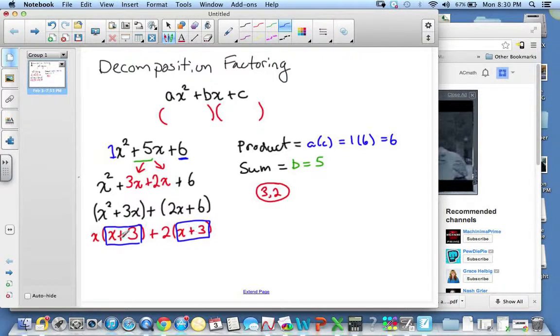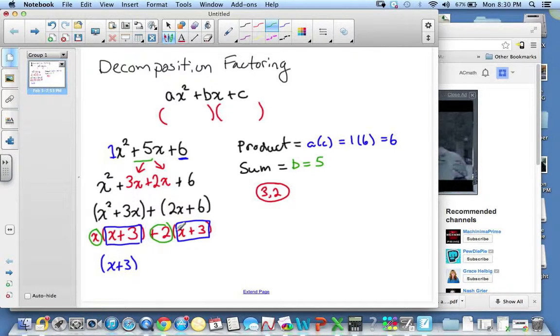Okay, so the nice thing about deciding that this term and this term are the same is that those themselves can actually come out as a common factor, right? I've pulled out an x plus 3 as a common factor, and what am I left with? I'm left with an x and a plus 2.